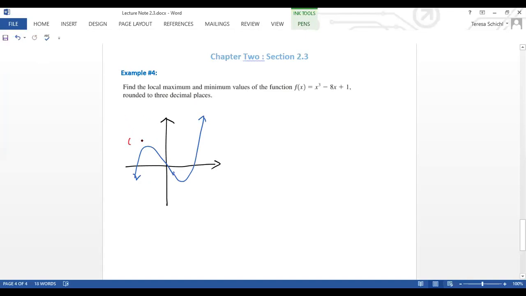This is negative 1.633, and the y value is 9.709. Because around this neighborhood this is the largest one, the way you write it is: the local max is equal to 9.709 at x equal to negative 1.633.